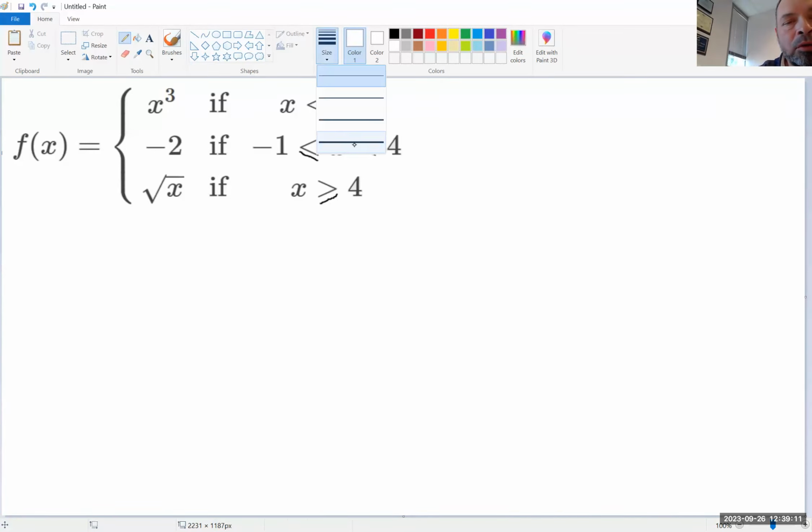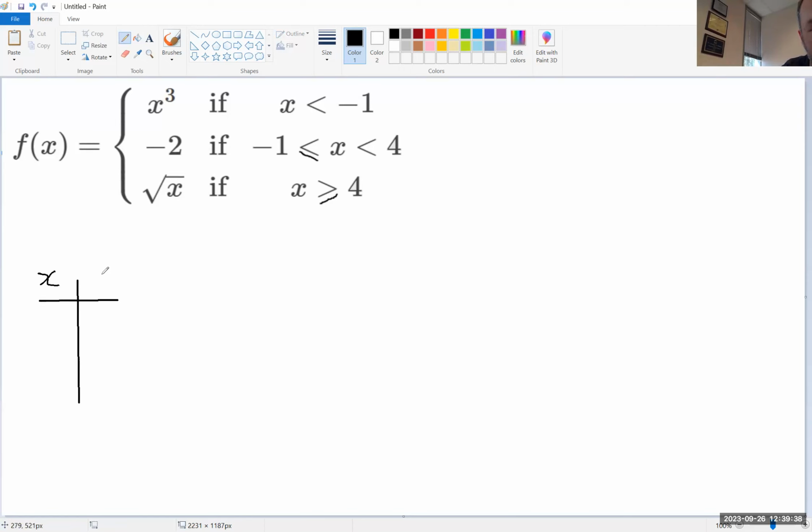So I am going to just choose some input values and some output values. And since this is supposed to be valid for anything less than -1, then I'm gonna choose a few things like say -2, and let me actually go a little further than that.